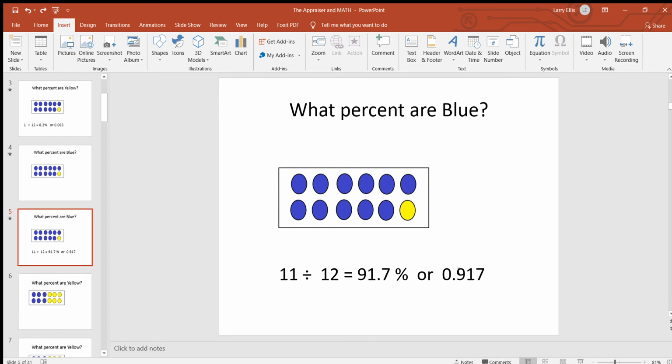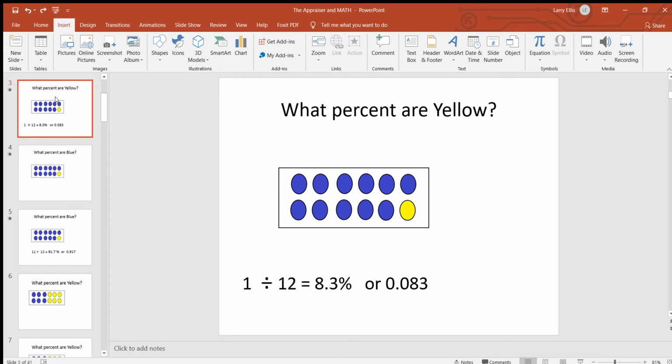Or if I was just looking at that, I could say just 91.7%, have it understood in my mind that I'm moving the decimal point. I'm multiplying 0.917 times 100, moving the decimal point 2 places to the right and adding a percent sign, 91.7%. I could have also, when I was up here with the one yellow egg and knew that it was 8.3%, solved for the percent that were blue at that time just by taking 100%, that's full, that's complete, that's the whole population, and subtracting 8.3%, the yellow portion, which would leave me 91.7%.